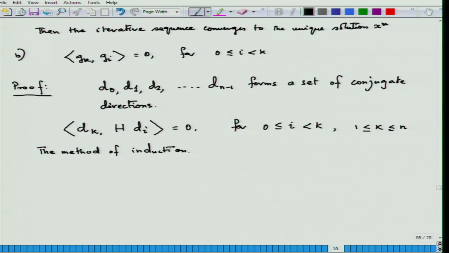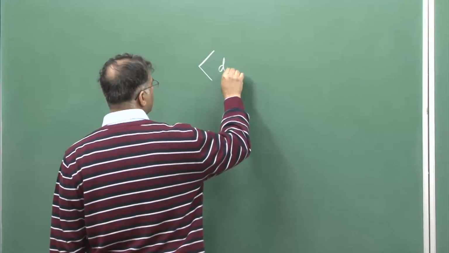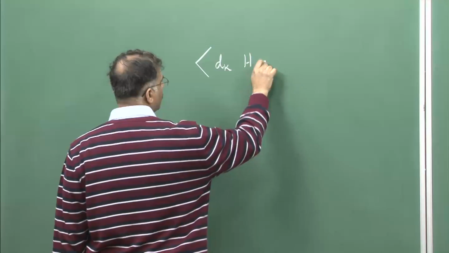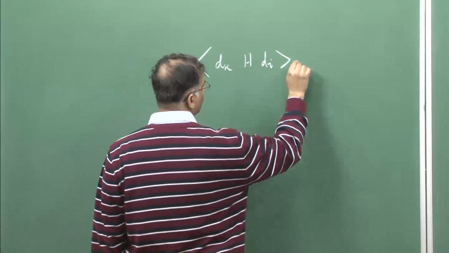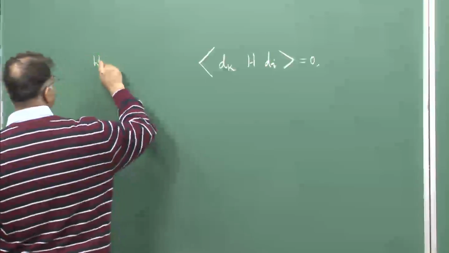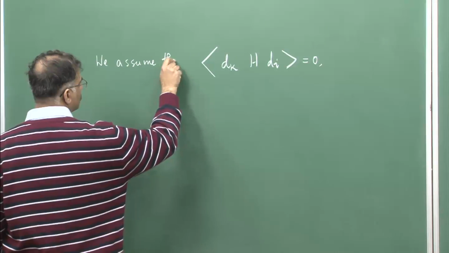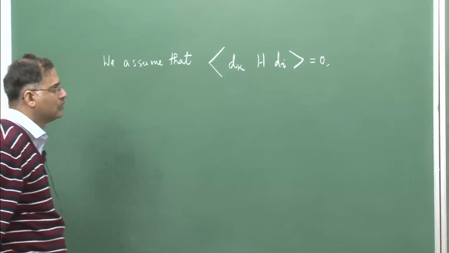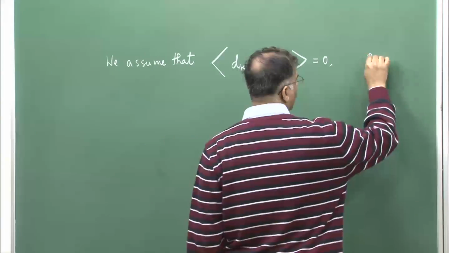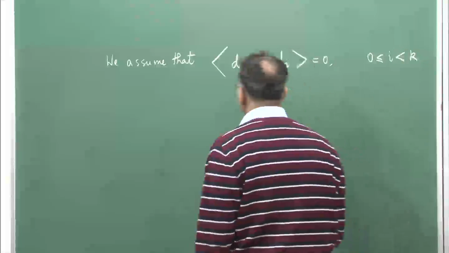So, by the method of induction, what are we going to show? We are going to show the following. I will assume that this is equal to 0. So, we assume for every i which is bigger than or equal to 0 and strictly less than k.